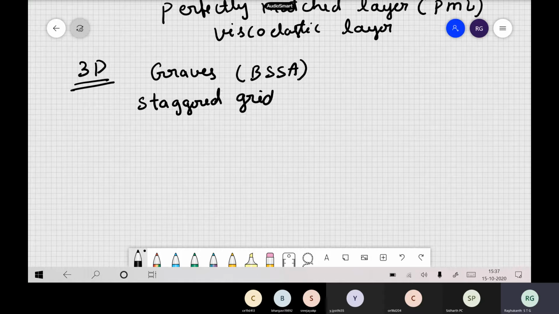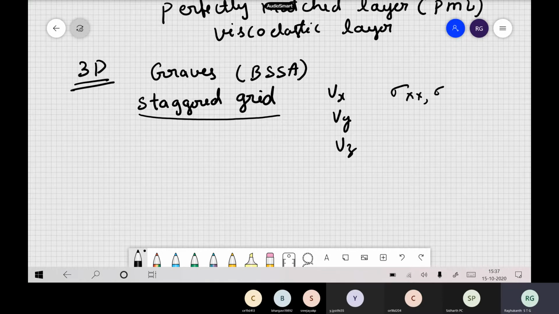Okay. So now in 3D, like yesterday I told you, what's the problem we have? See how the staggered grid looks like. As I already told you, you have to match the time derivative. You have to match 3 different spatial derivatives. So automatically you will get a staggered grid actually. Okay. So velocity Vx will be at some point, Vy will be at some point, Vz will be at some other point.